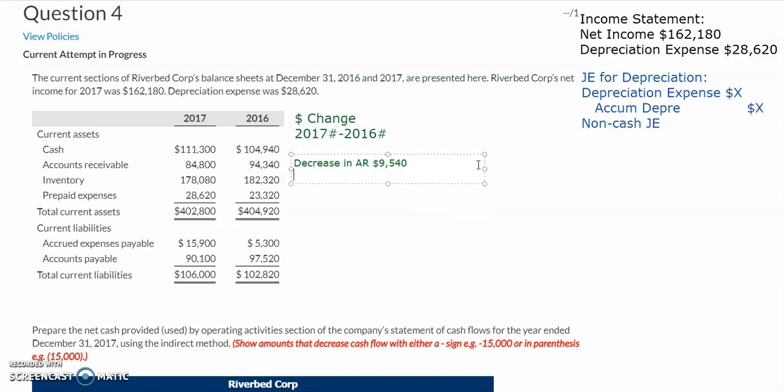Then you look at your next item. You notice that inventory also decreased. So your decrease in inventory when you compute this is 4,240. And then you calculate your change in prepaid expenses. Prepaid expenses actually increased.